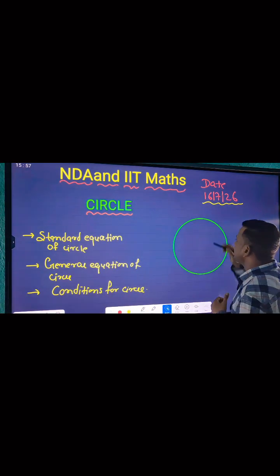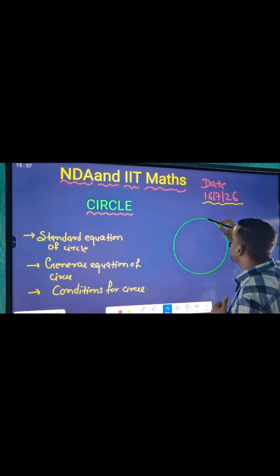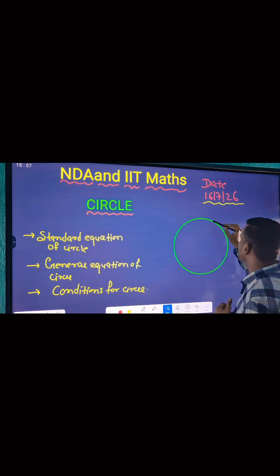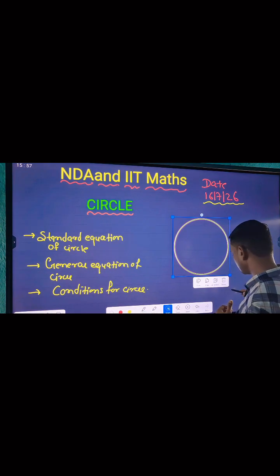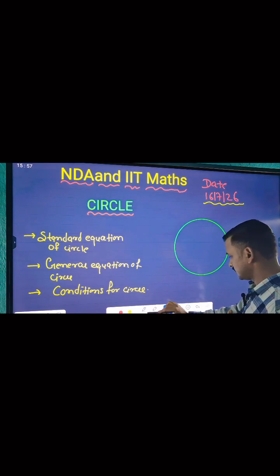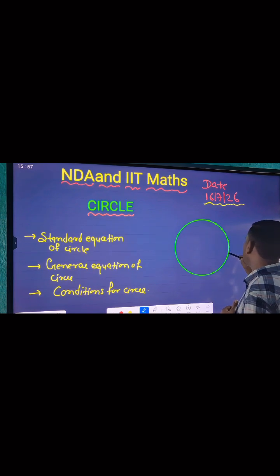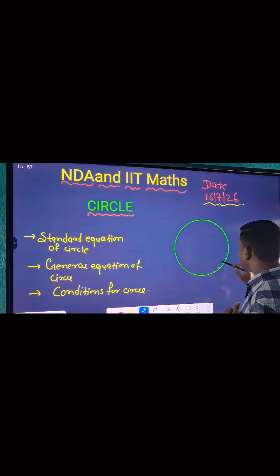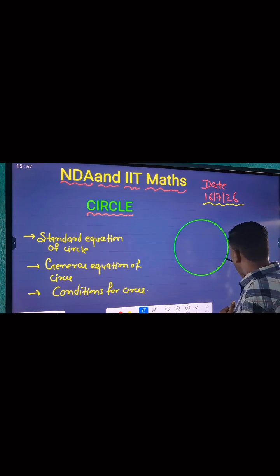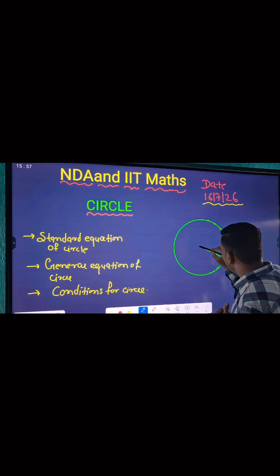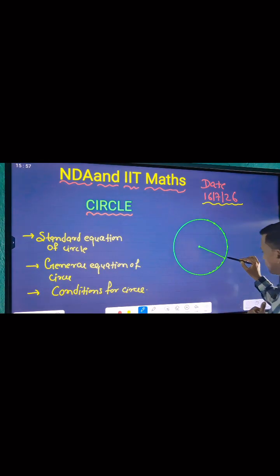A circle is a collection of many points, or you can also say the set of all the points that are at a fixed distance from a fixed point.